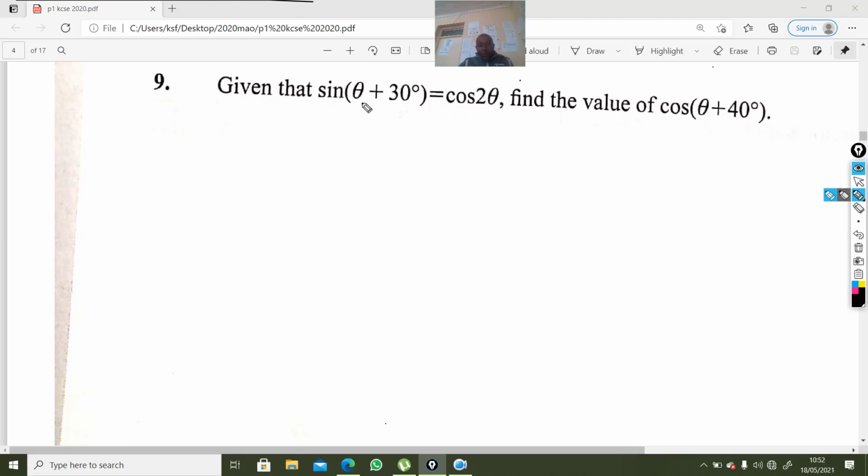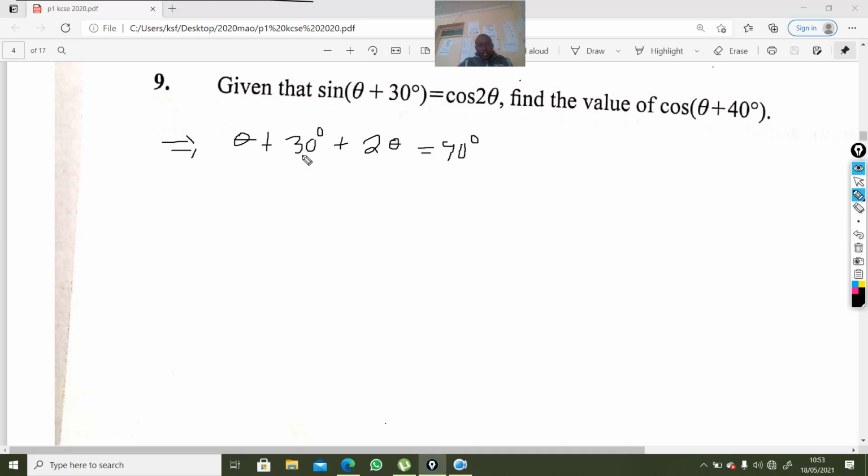Therefore theta plus 30 degrees plus 2 theta equals 90 degrees, because you are dealing with complementary angles.